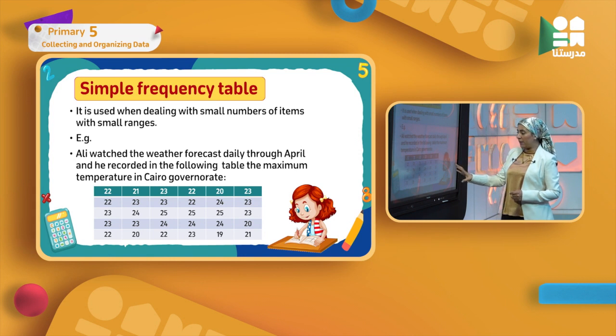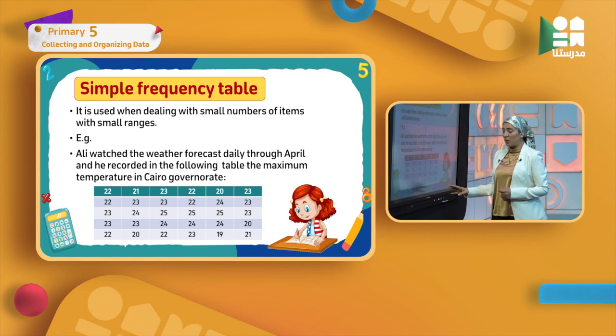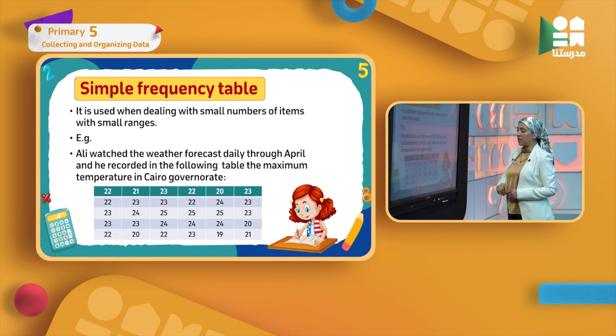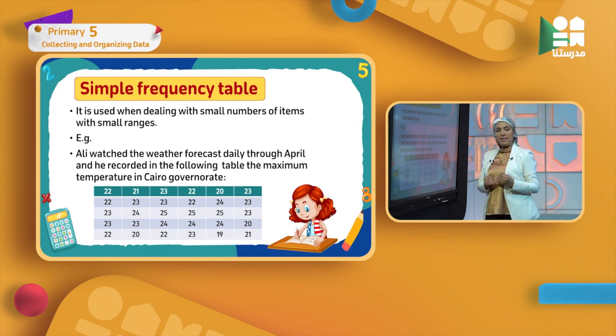If we look carefully, we'll find that the lowest temperature recorded during April was 19 and the highest temperature recorded was 25. Okay, so my range here is 19 to 25, which is a very small range actually, just 6 degrees.